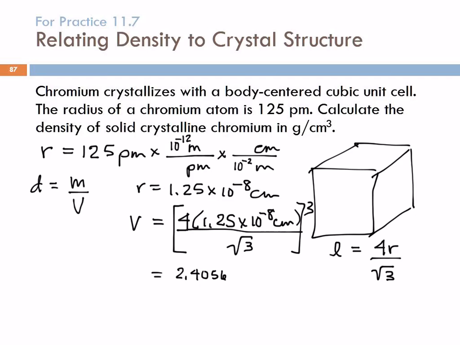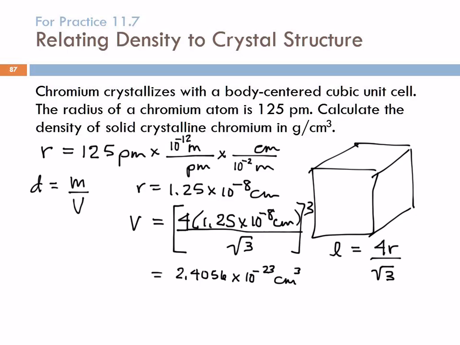Anybody else get that? The unit's going to be cubic centimeters. Let me try that again. 1.25 EE minus 8 times 4 divided by the square root of 3, and cubing that. I get the same thing. Anybody else get that? Okay, thank you. So that's our volume.